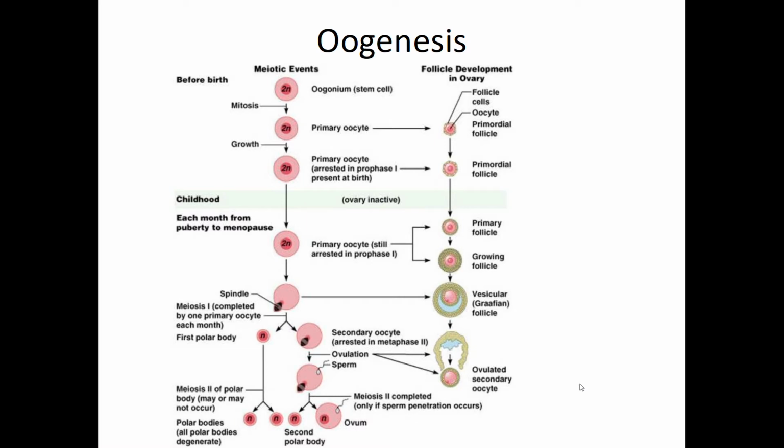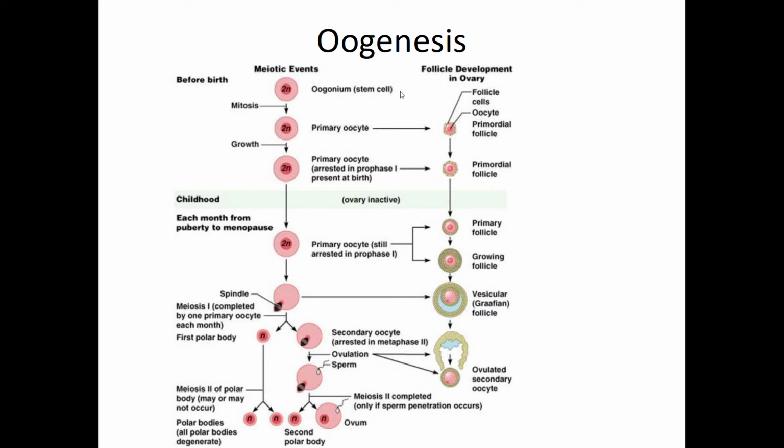Now, the development of the oocyte that we're looking at here. This is a meiotic process, right? So we're going to wind up with a haploid cell. But we start with the development of these primordial follicles, and this is a mitotic process.